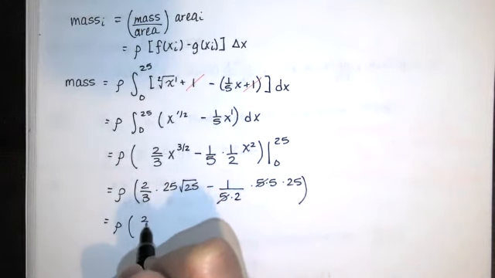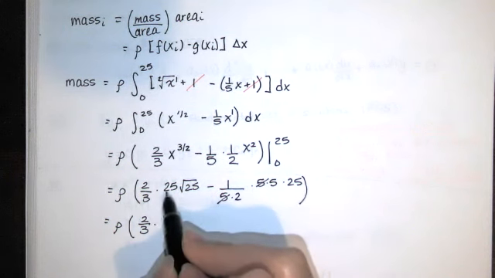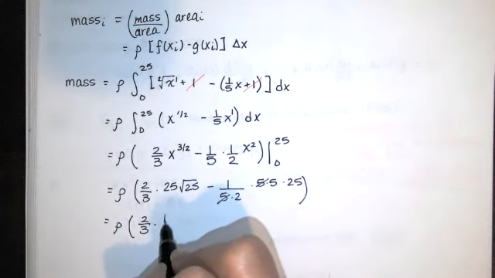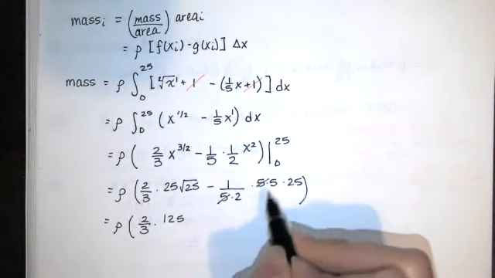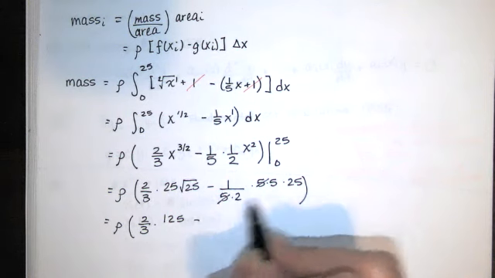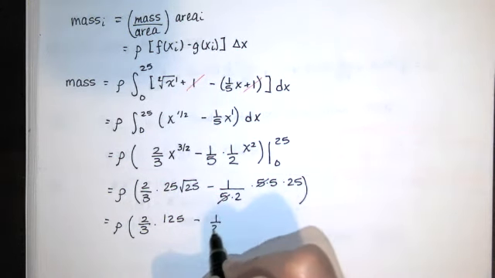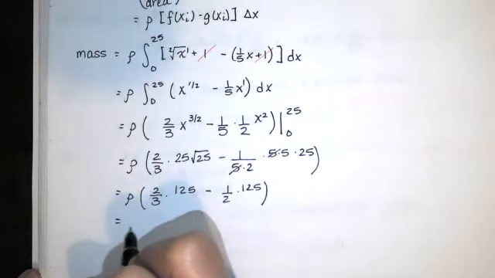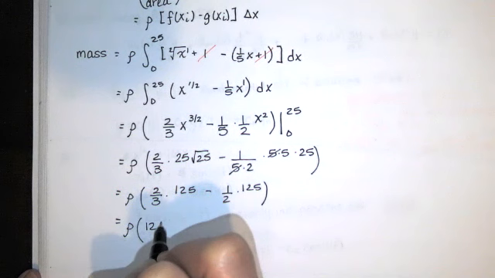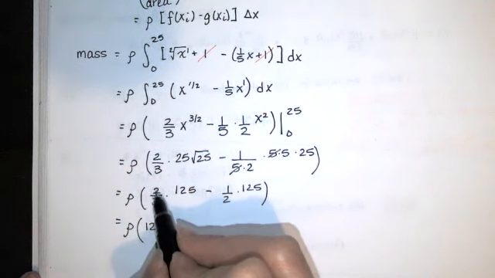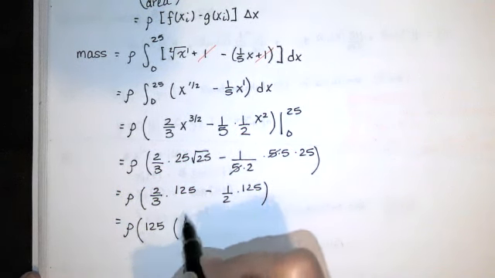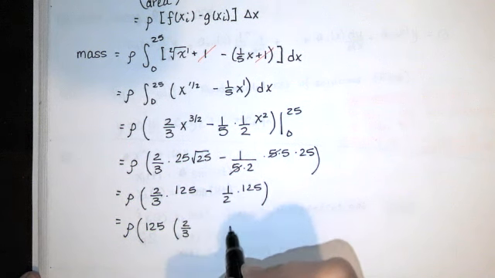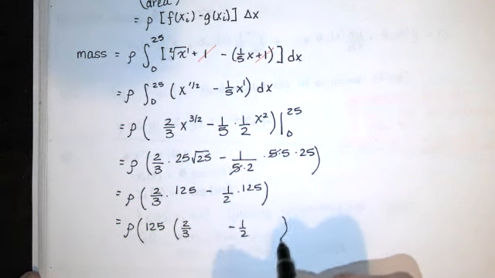So it looks like we've got 2/3 times 25 times 5, which is 125, minus 1/2 times 125. So that's 125 times 2/3 minus 1/2.